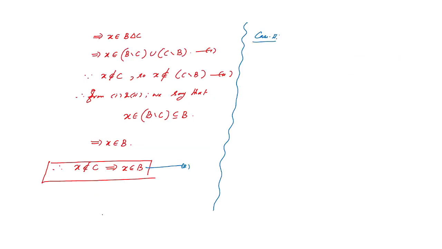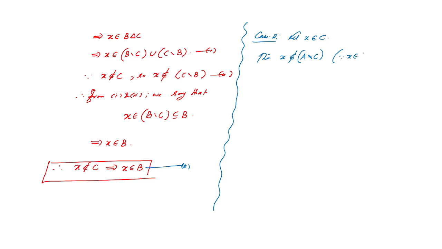So what should be case 2? Case 2 will be: let X belong to C. And in that case, X does not belong to A minus C. Why does X not belong to A minus C?